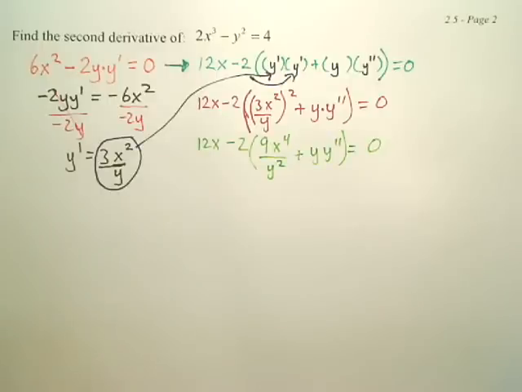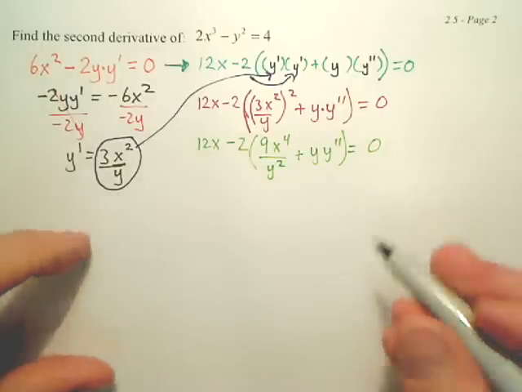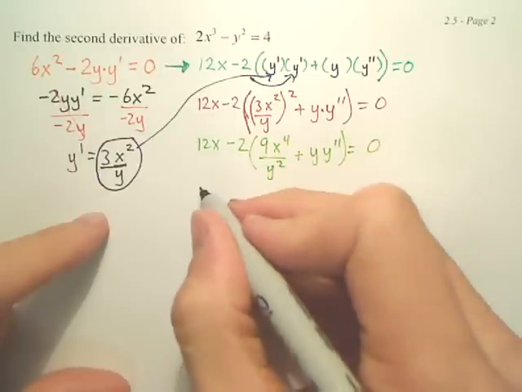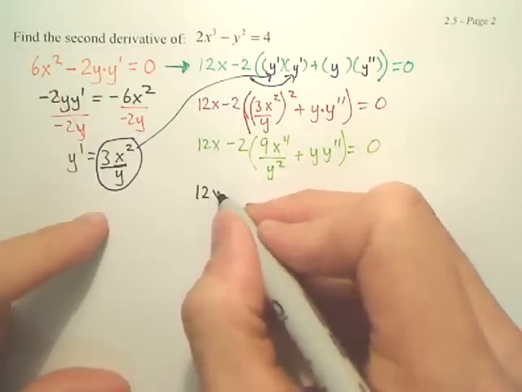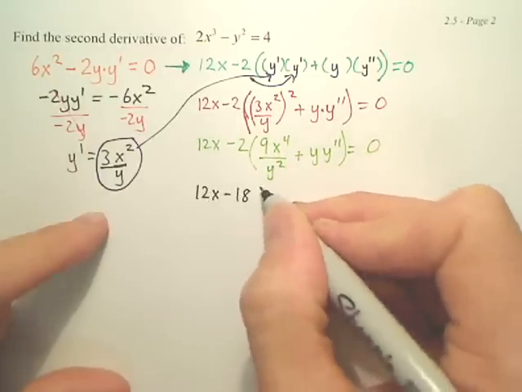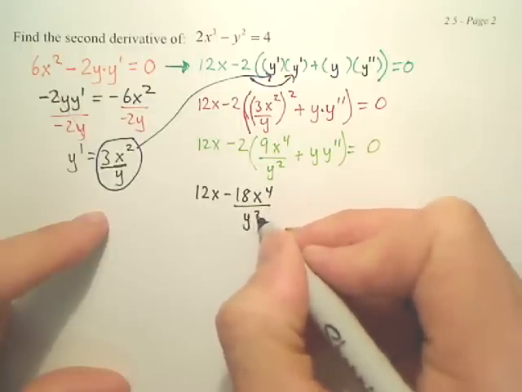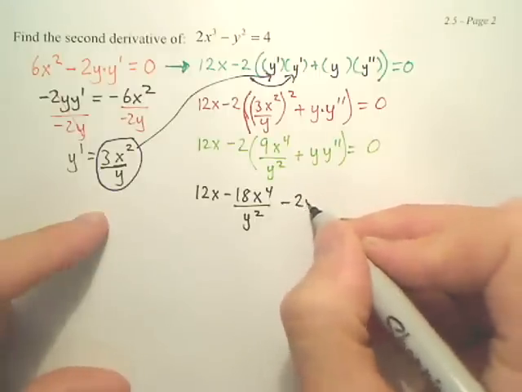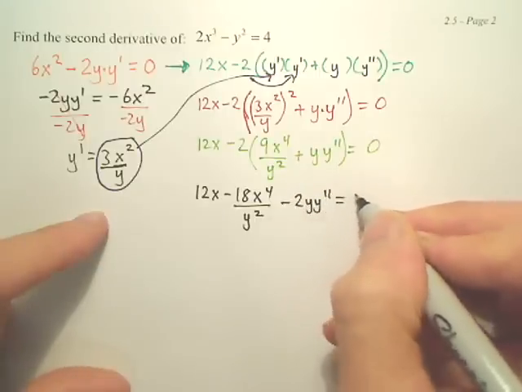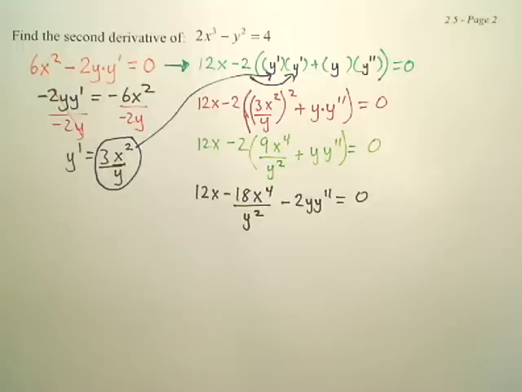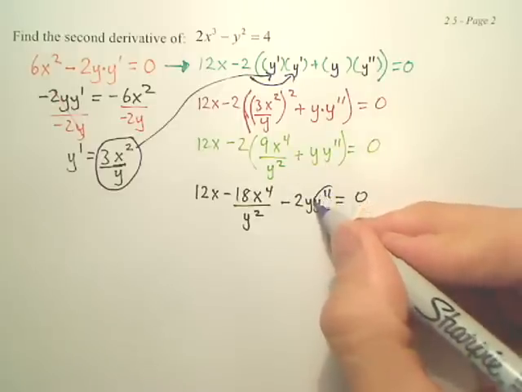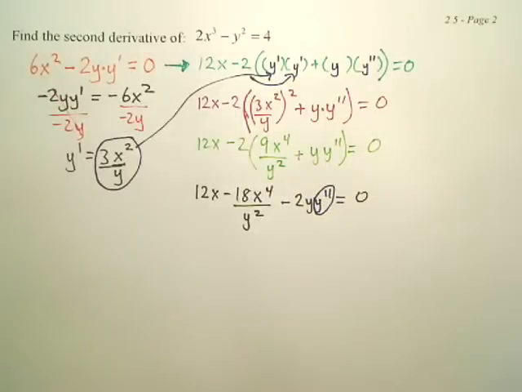Kind of doing more steps, kind of elongating this. Distribute the negative 2. Okay, I just distributed the negative 2. Now my goal, if I want my second derivative, is to get the y double prime. Don't we want this guy by itself?